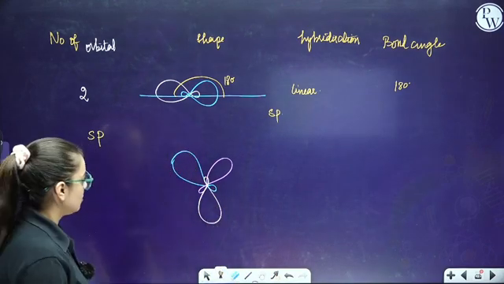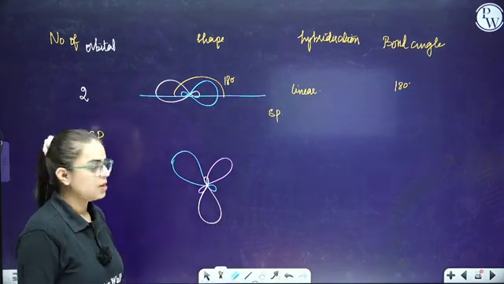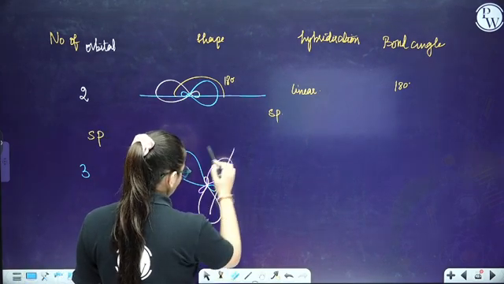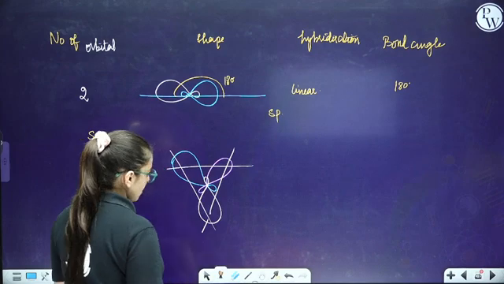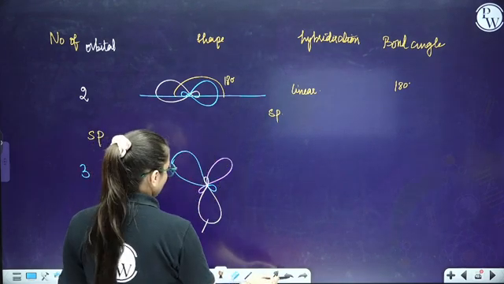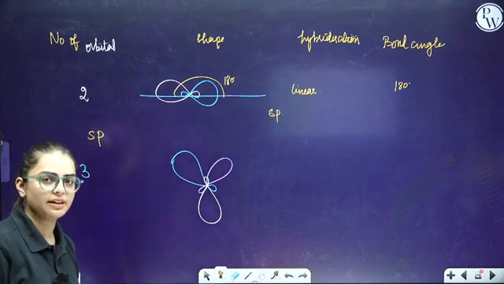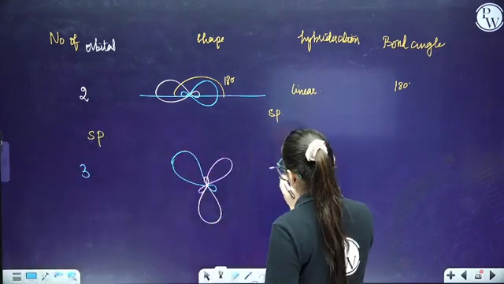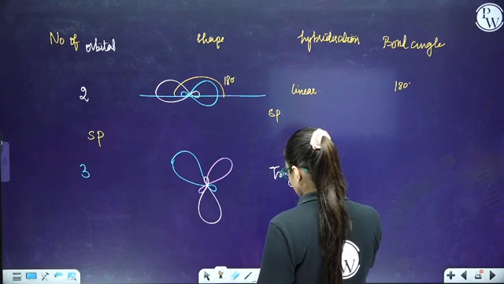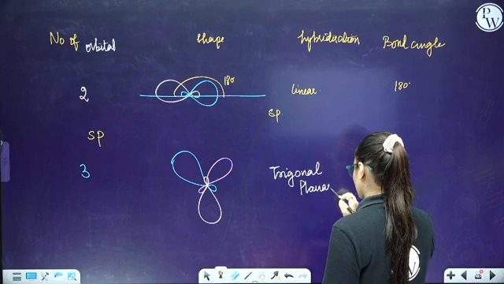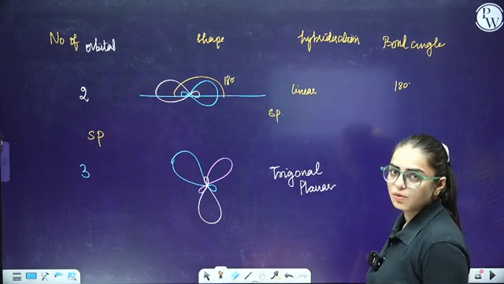If you join them all together, what are they forming? They are creating a triangle like this. So this is basically trigonal planar, sorry, not triangular, trigonal planar.